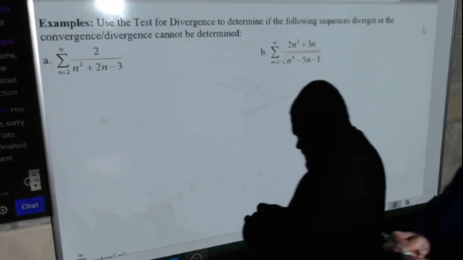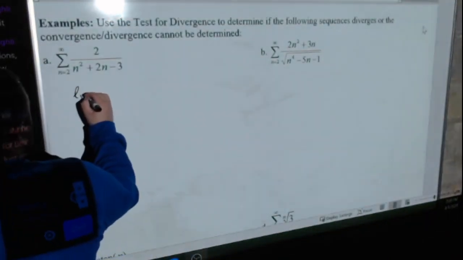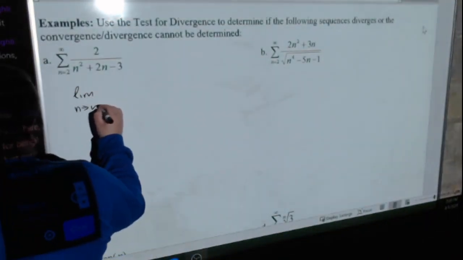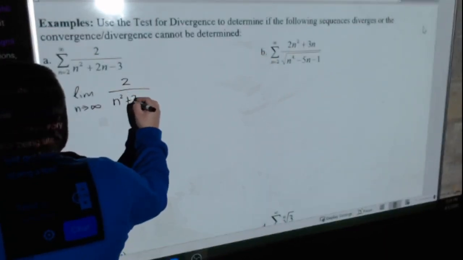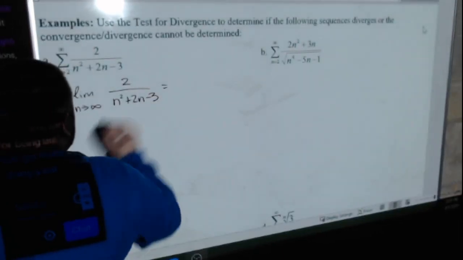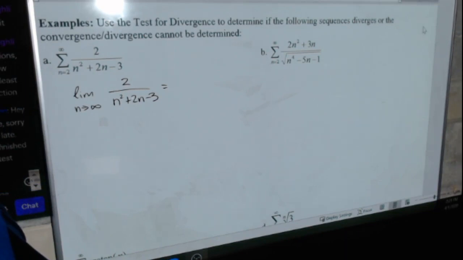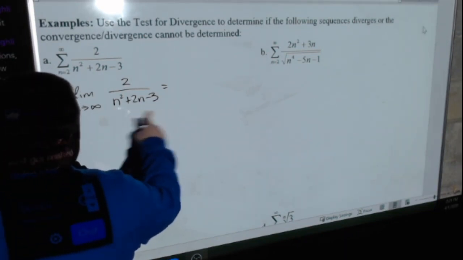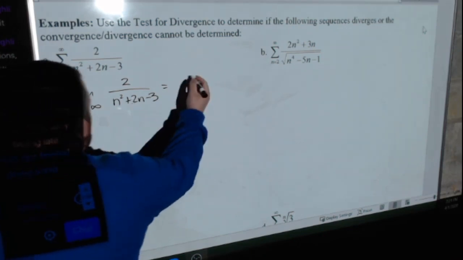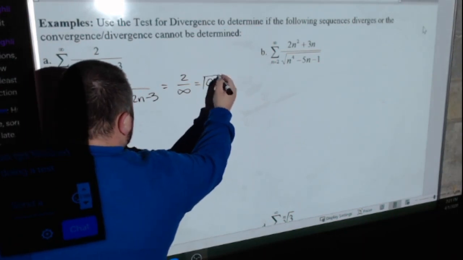So we want to take the limit as n approaches infinity of 2 over n squared plus 2n minus 3. So basically everything on the bottom is going to become infinite, if we tried to make a substitution. That ends up being 0.